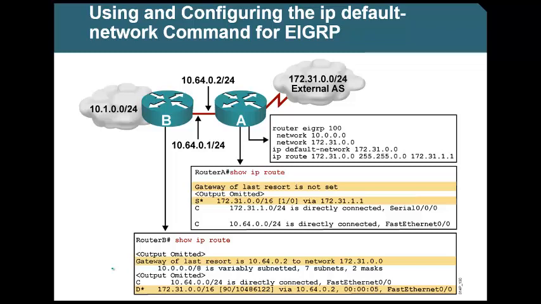The default-information originate command in OSPF generates an LSA type 5 default route, meaning an external default route, so that every router will use that to go to the internet. Every router inside the organization which runs OSPF can use it. When we get to OSPF, I'll make it clear for you.